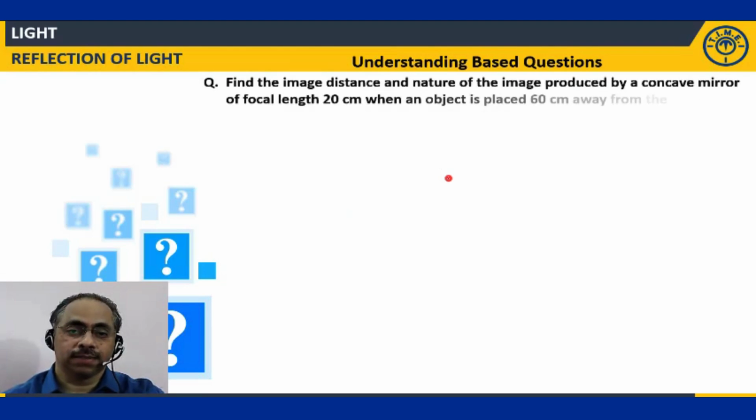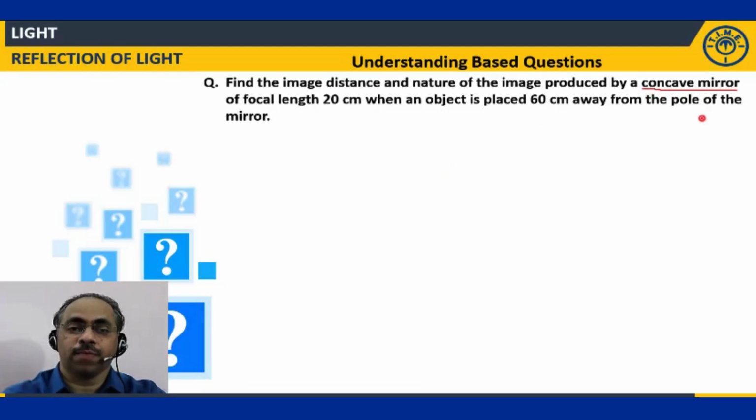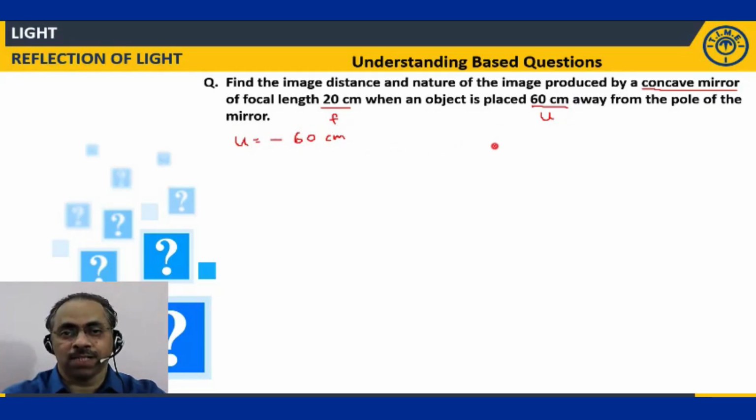Find the image distance and nature of the image produced by a concave mirror. Try to understand, this is a concave mirror of focal length 20 centimeters. So this is the focal length. An object is placed 60 centimeters away, so this is the object distance, U, from the pole of the mirror. So from the given information I can write U is equal to 60 centimeter. Whether the mirror is concave or convex, object distance is always negative, applying the sign convention.